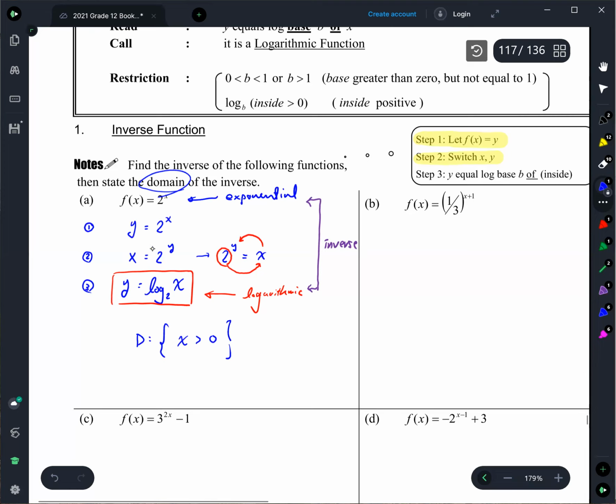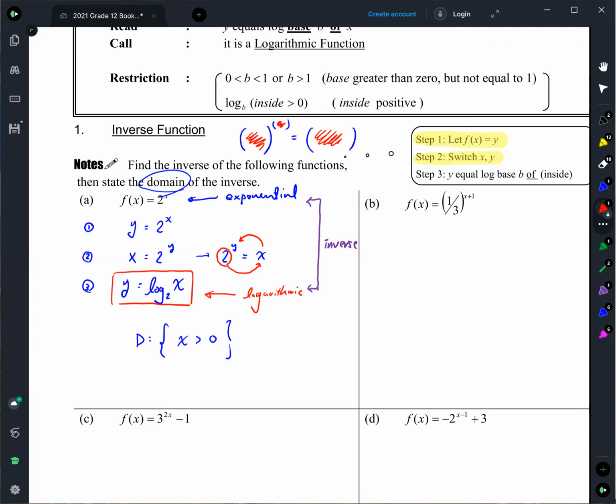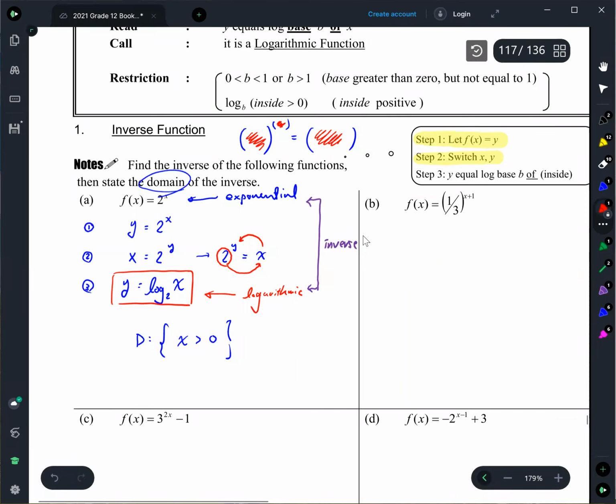All right, does anyone have questions about how to find inverse? If you want to change to log form, you must turn it into exponential form. Exponential form looks like this way: you have a base, you have an exponent, and then you have the other side. You must keep it in that form first before you do the counter clock. Please raise your hand if you got everything down.